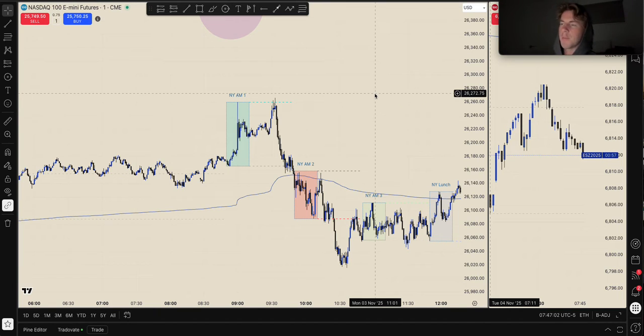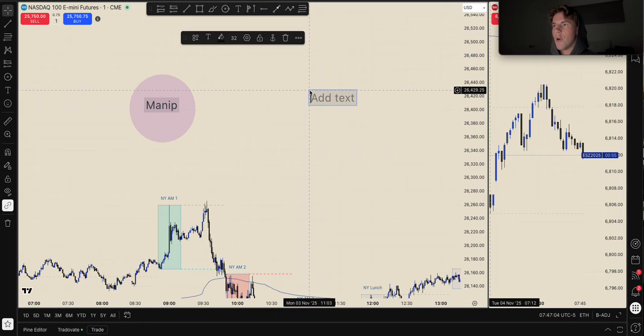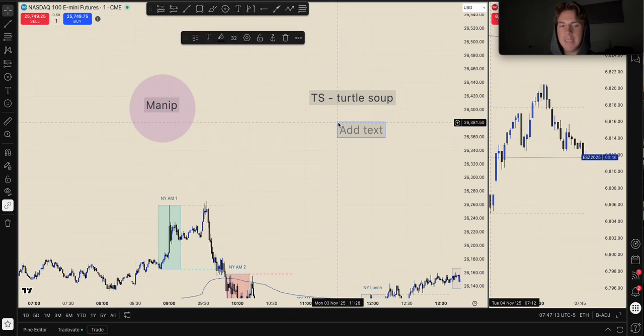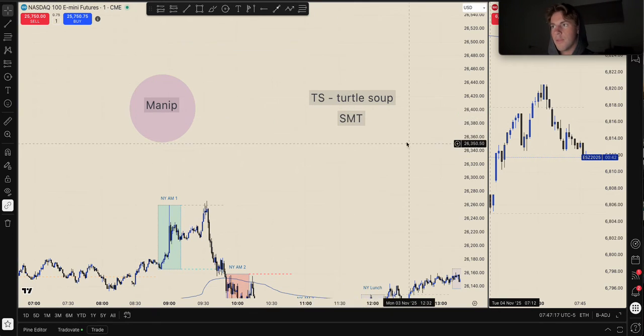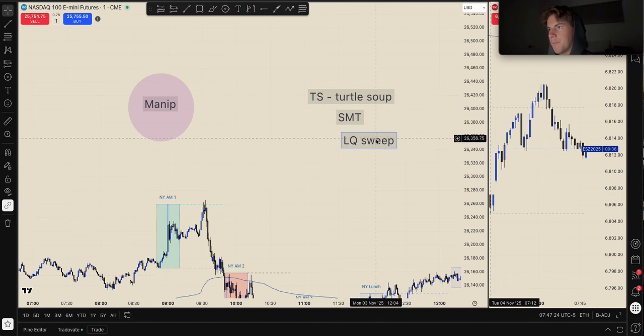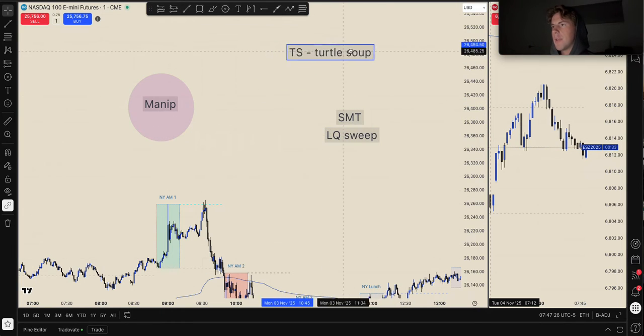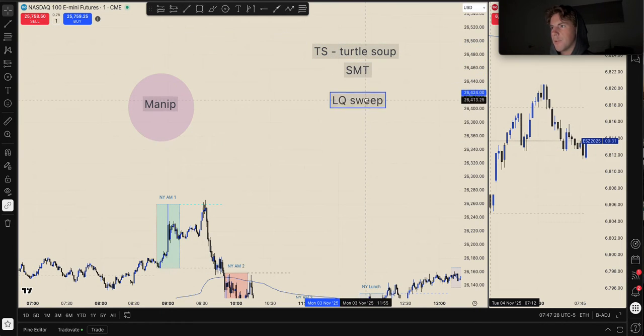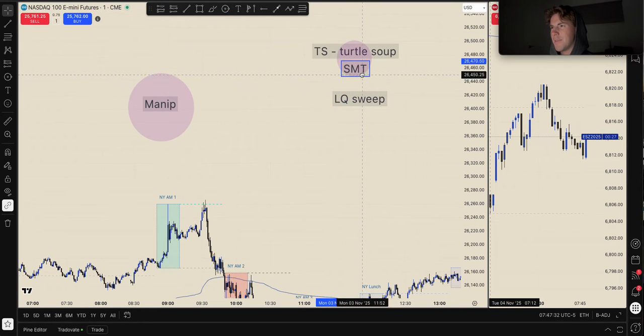Most manipulations that I use are either TS, which is turtle soup, SMT, and then three is just liquidity sweep. Now my bread and butter is these top two together, these two at the same time.